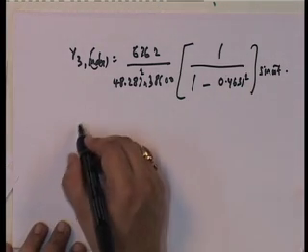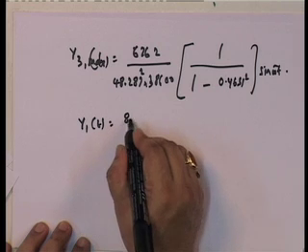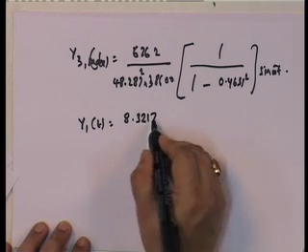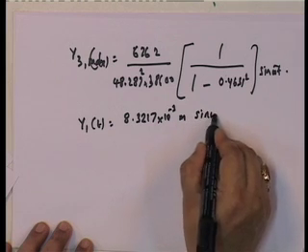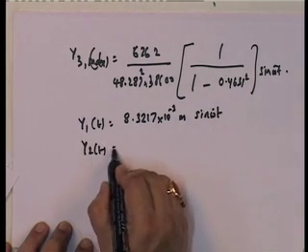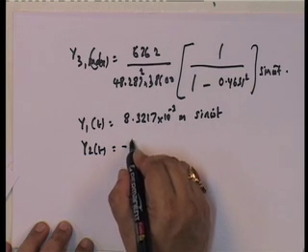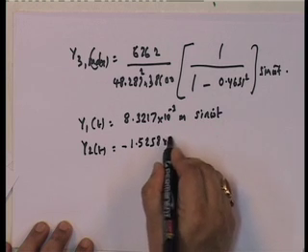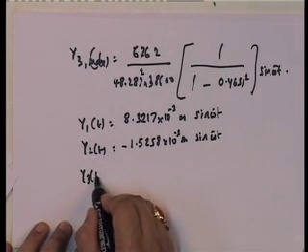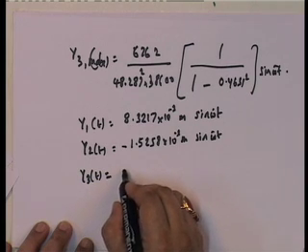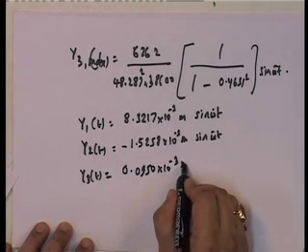So, if we evaluate these, then we get that y 1 of t is equal to 8.3217 into 10 to the power of minus 3 meters sine omega bar t. y 2 of t is equal to minus 1.5258 into 10 to the power of minus 3 sine omega bar t, and y 3 of t is equal to 0.0950 into 10 to the power of minus 3 meters.